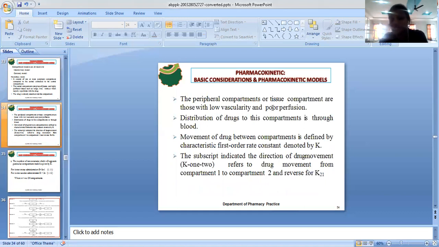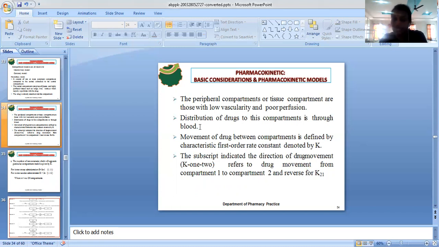The peripheral compartment, which is also called the tissue compartment, has low vascularity or a poor perfusion rate. The moderately or poorly perfused tissues come under the peripheral compartment. The distribution of the drug to the peripheral compartment takes place through the blood only.